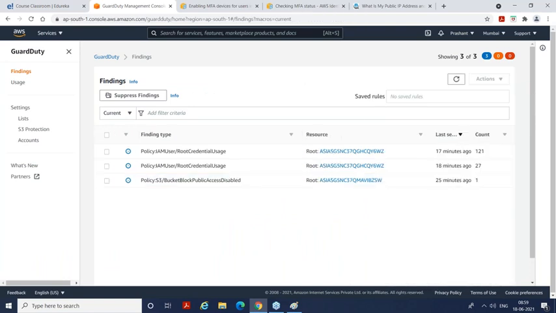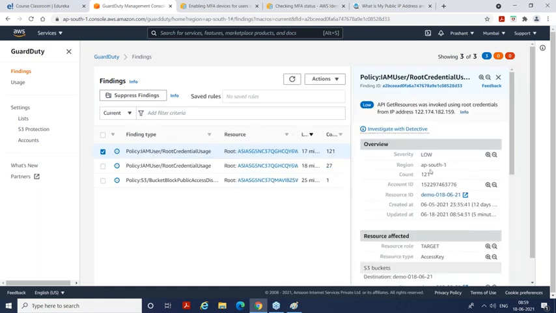AWS GuardDuty. Then here it has increased from 62 to around 121. So it will tell you details of what has happened, right? API get resources was invoked using root credential. Get resource is nothing but we did a lot of configuration, right? Using our root account.